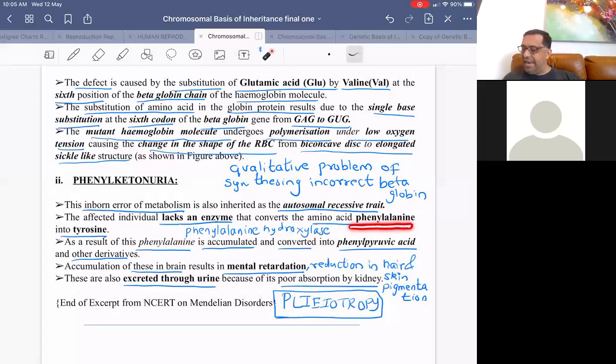and there is a deficiency of phenylalanine hydroxylase, which was supposed to convert the amino acid phenylalanine into tyrosine. Sir, the food we eat contains phenylalanine, and once we eat phenylalanine, our body has phenylalanine hydroxylase, which converts some of the phenylalanine into tyrosine.